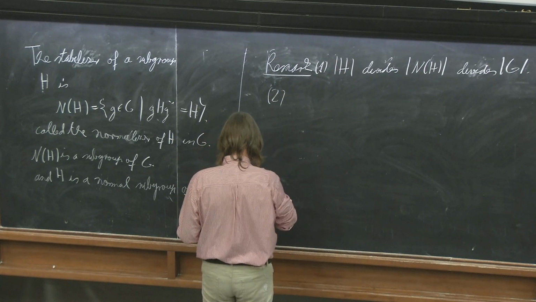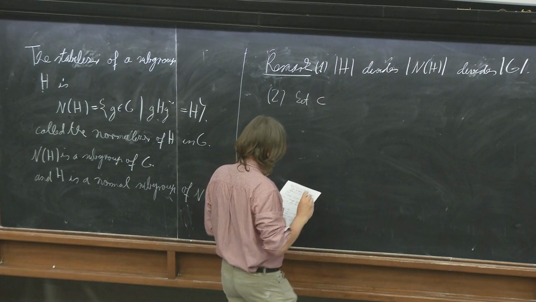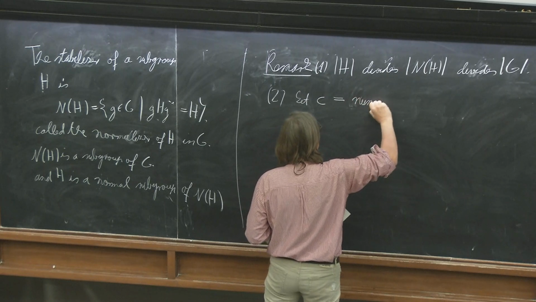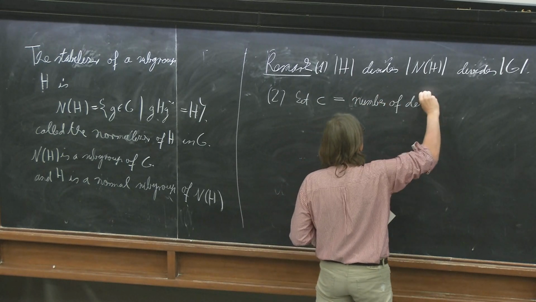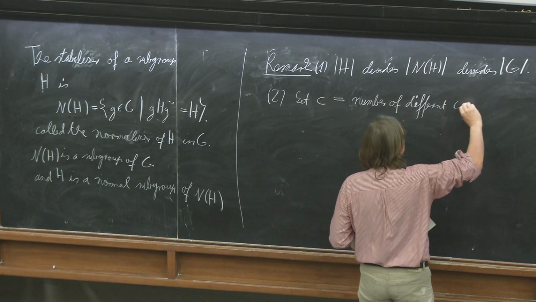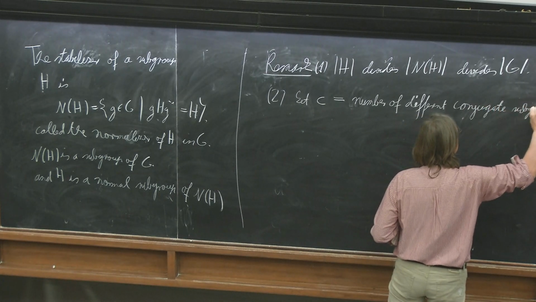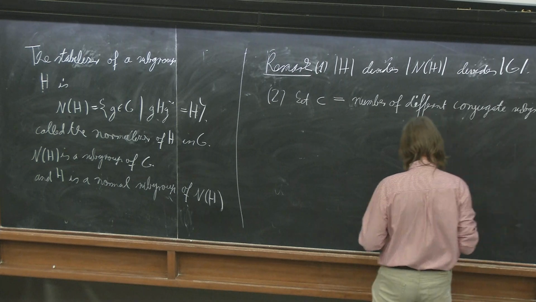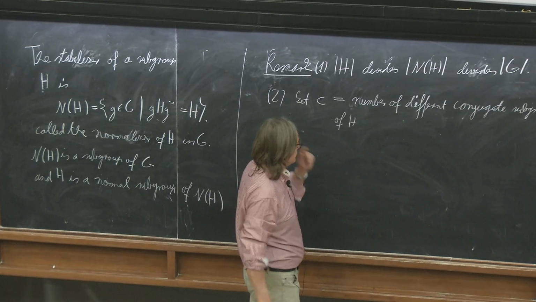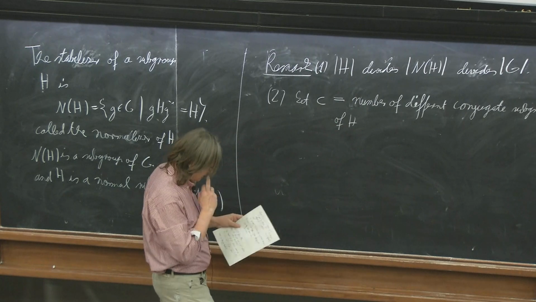And the second statement is, if we put C to be the number of different conjugate subgroups of H, by which I mean subgroups of G which are conjugate to H, and how many different ones are there?